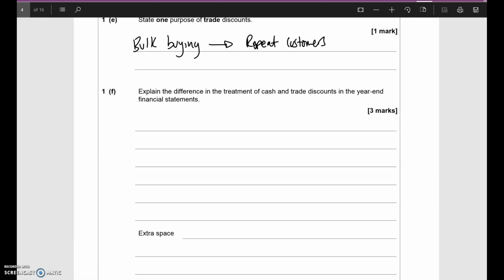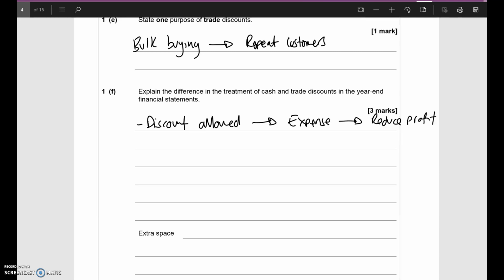It says explain the difference in the treatment of cash and trade discount in the year-end financial statements. With cash discounts, you have two different discounts. You have discount allowed, and within the financial statements that would come on as an expense, so therefore that would reduce profit.